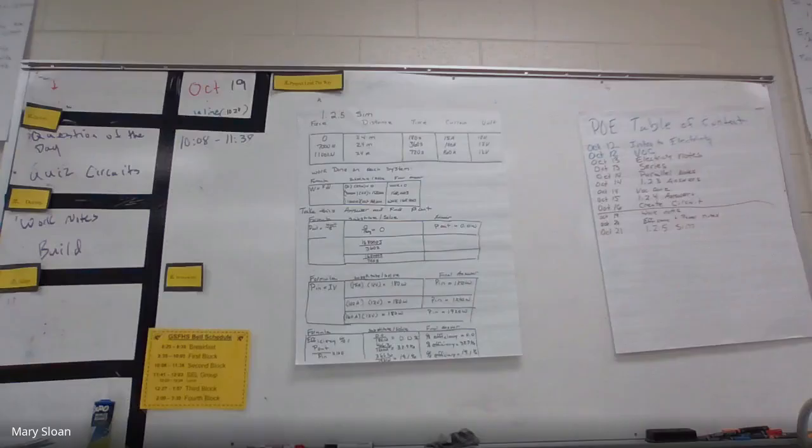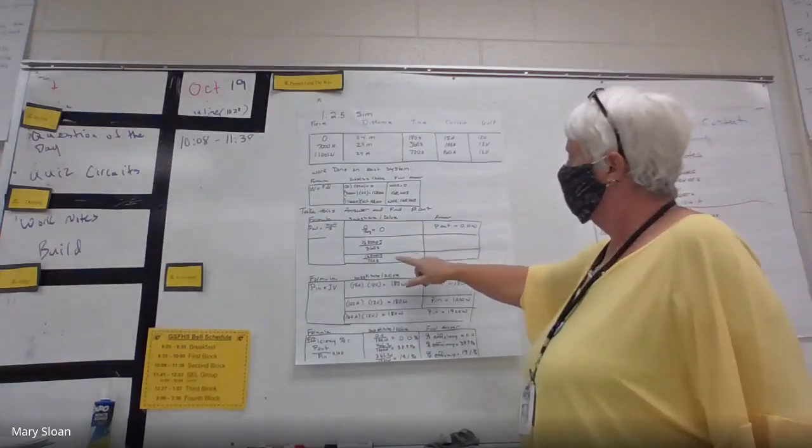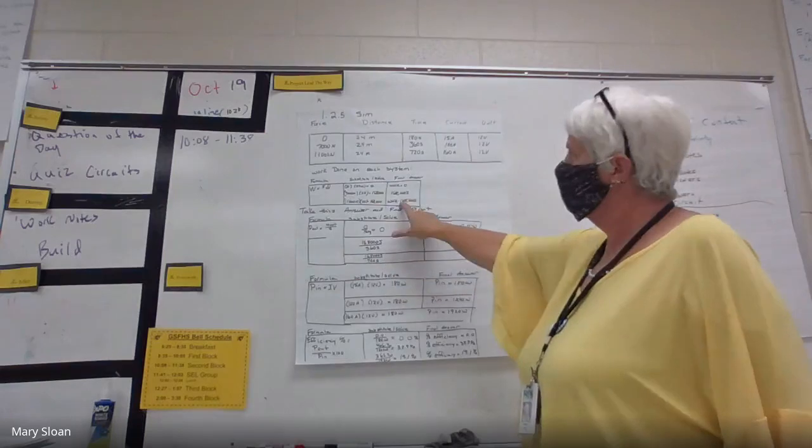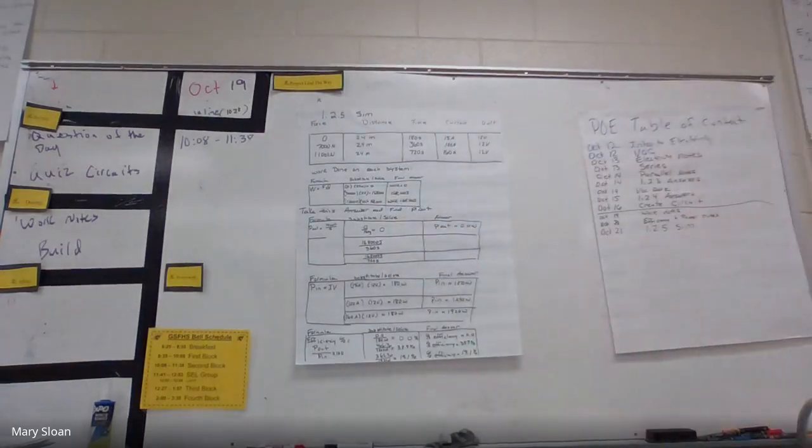How did I get the work for the third one? Your math is 7,000 times 24. I'll check it. 264. Is that what you got? Yes, ma'am.